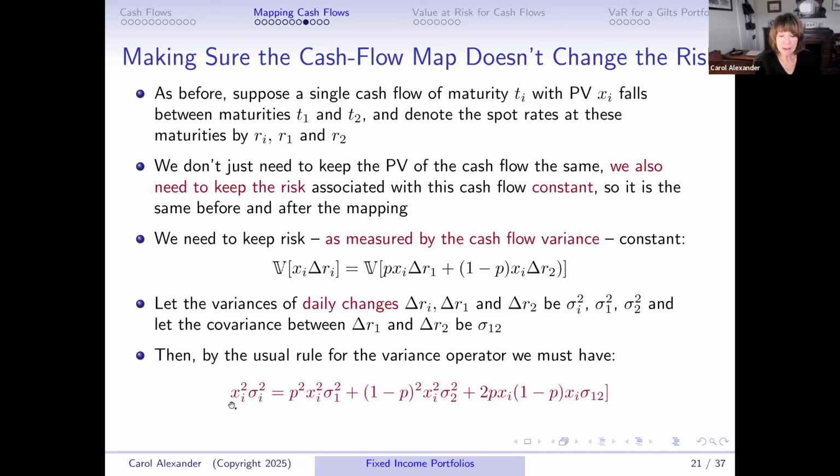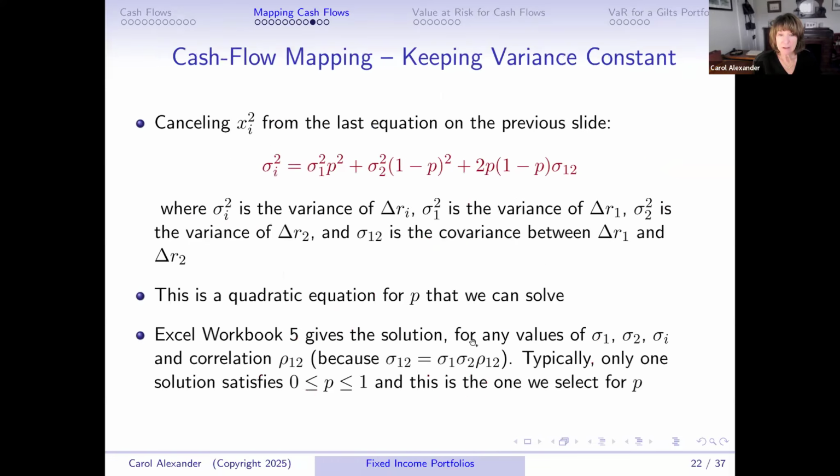Now, Xi squared occurs in every term. There's Xi and Xi there in the end. So we can cancel that and we get a different equation. This one is a quadratic equation in P. I haven't done this, but we can rearrange, so we can write it as AP squared plus BP plus C equals 0, just like ax squared plus bx plus c equals 0.